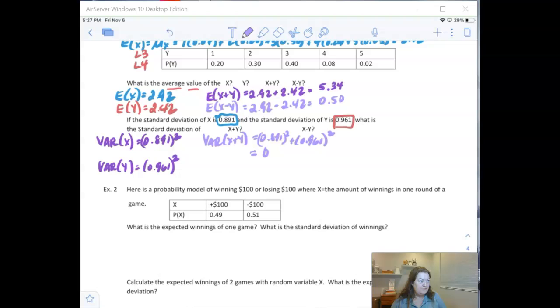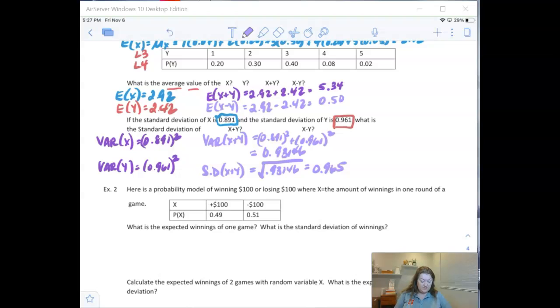Okay, I've got 0.93146, but they didn't ask me for variance, they asked me for standard deviation. So to get back down to standard deviation of X plus Y, I have to take the square root of that answer of 0.93146, and that is going to be 0.965.